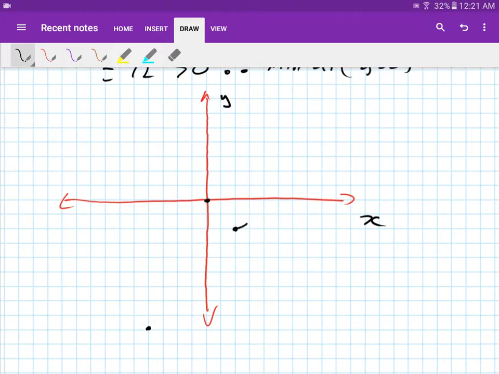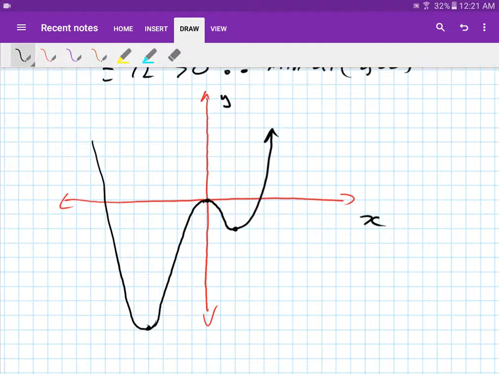So I just go this way first, and then curve it to make an M shape. There you go. So this is what the graph looks like. Of course, I have to fill in all this information here. So this is (1, -5), (0, 0), and (-2, -32).